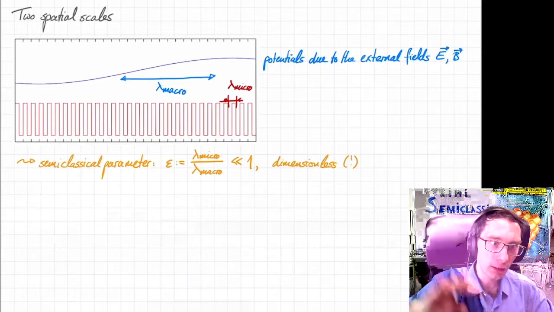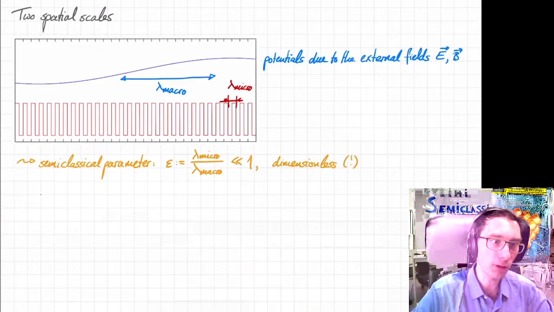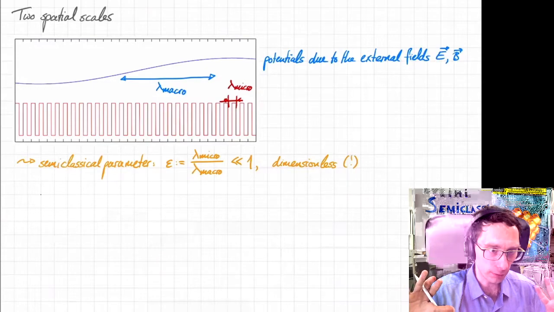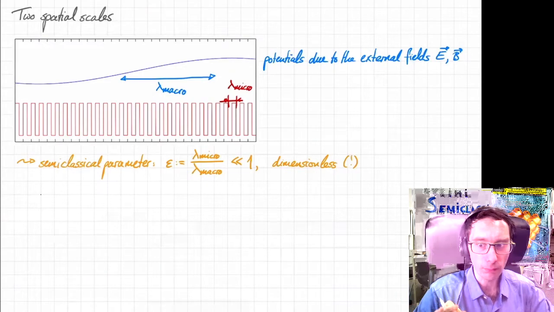But this will come out at the end. So the justification why we can call epsilon the semi-classical parameter comes out at the end. For now, if you don't believe that, or if it's not clear, at the very least, I've established that epsilon is a small dimensionless parameter. And you can study expansions of various quantities in epsilon.